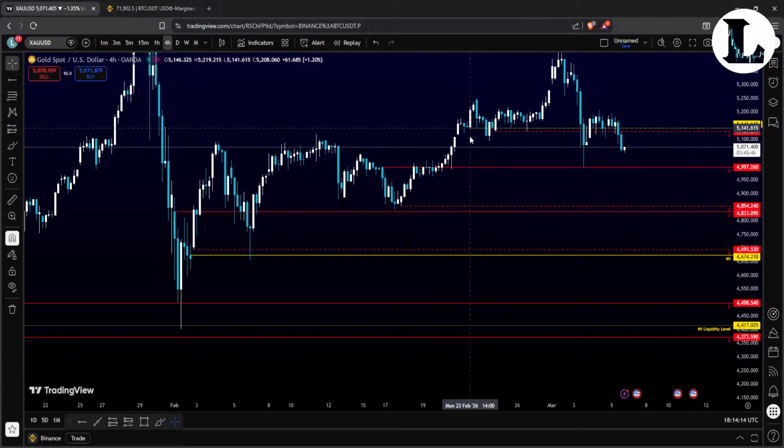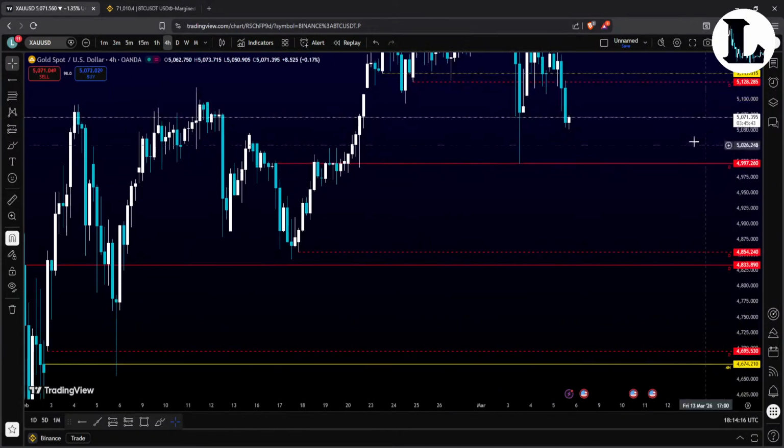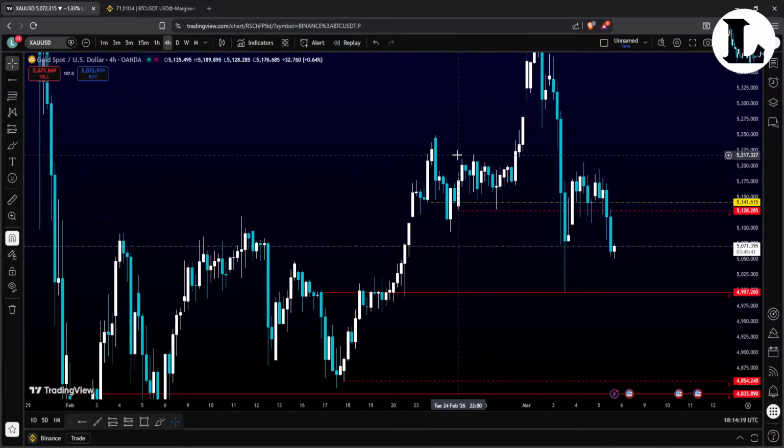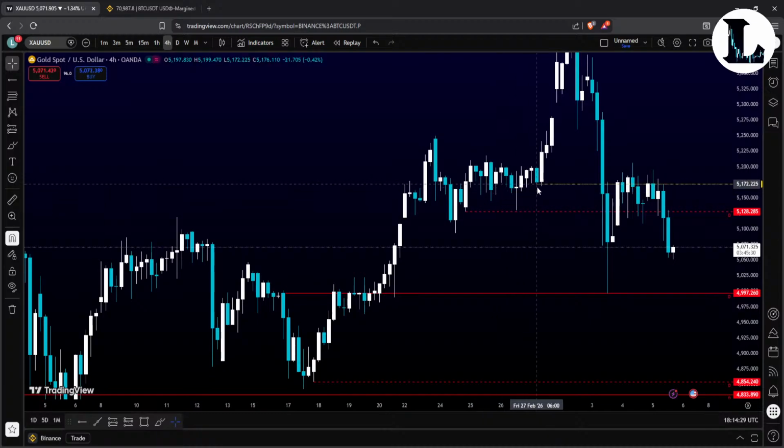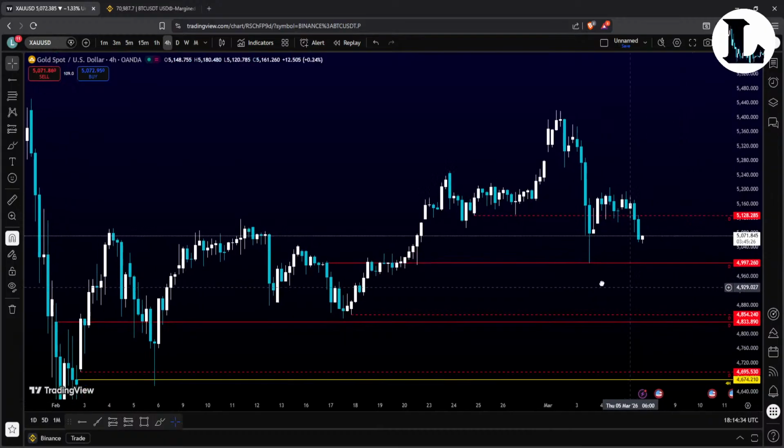Probably here. I don't like that on the 1 hour. It goes really deeper from there. So yeah, no 4 hour liquidity level on this range.